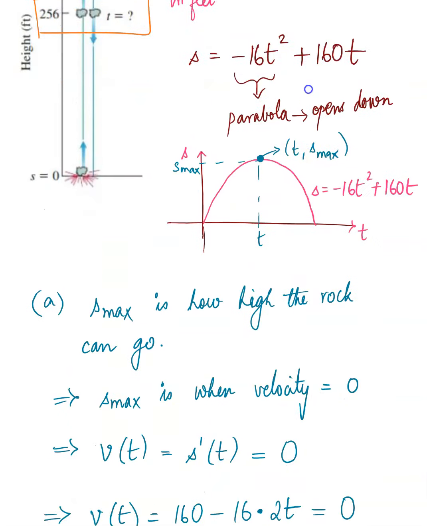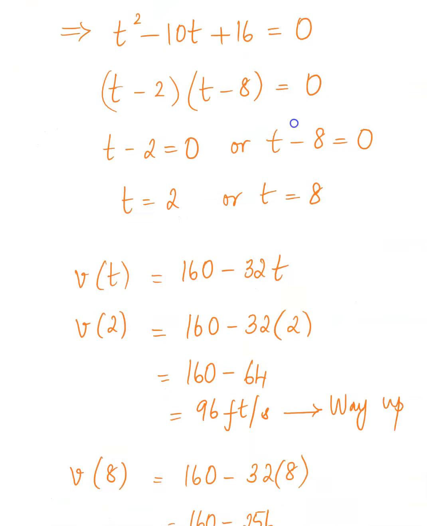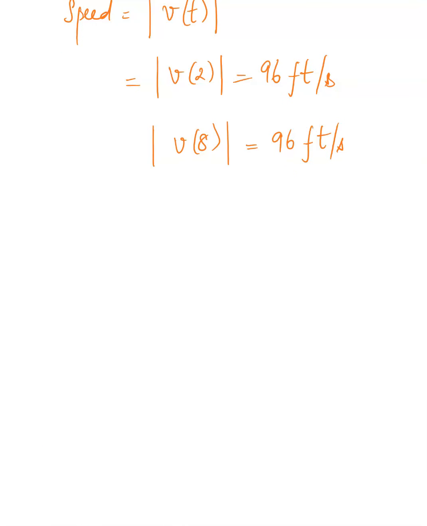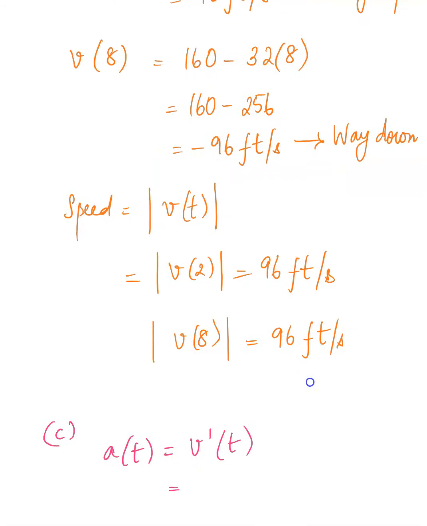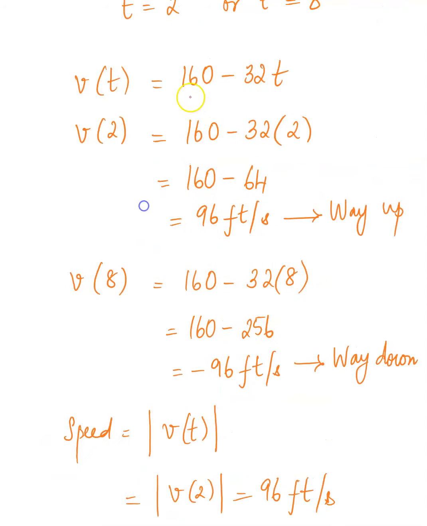So, using our derivative idea, we can calculate that: acceleration a of t is v prime of t. So we just use the v of t here, and you're taking the derivative of this v of t.